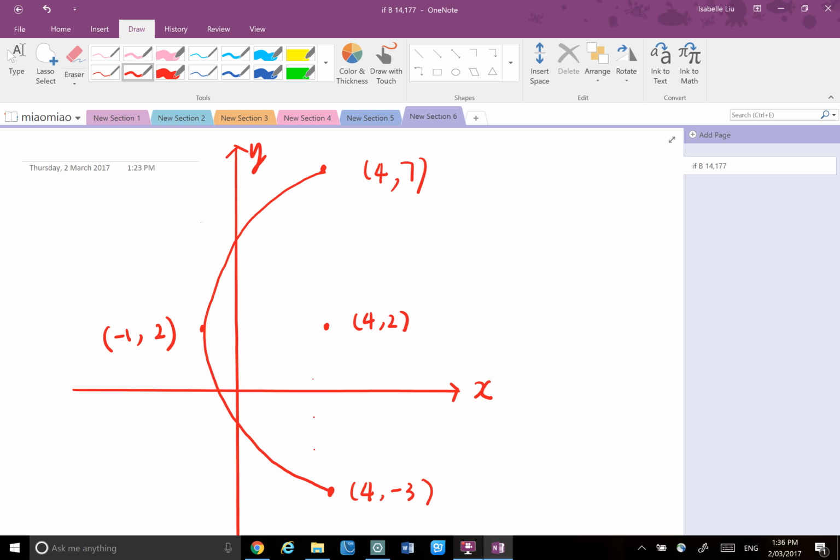So you need to make what to be the subject? X to be the subject, is it the left or the right? Yes, x is the left, so x is the subject. Then it's a left-hand side, so it's a negative square root. So we take the negative side.